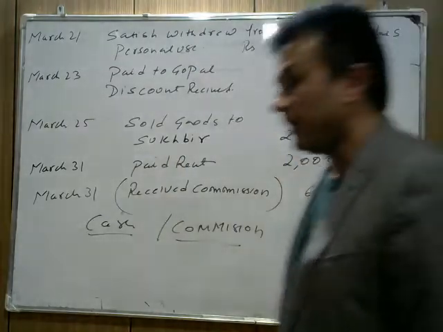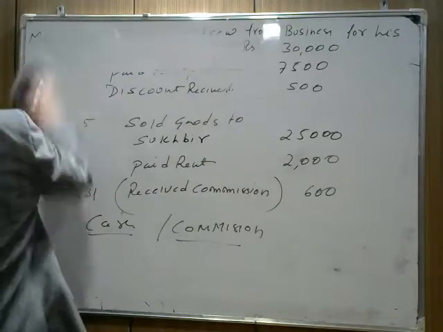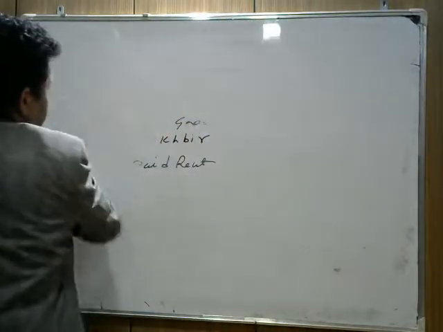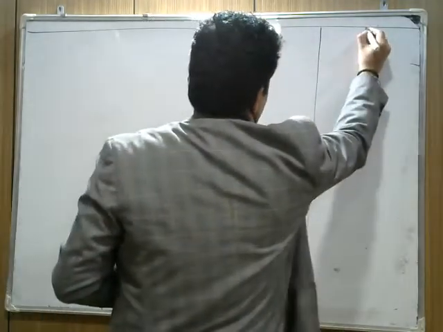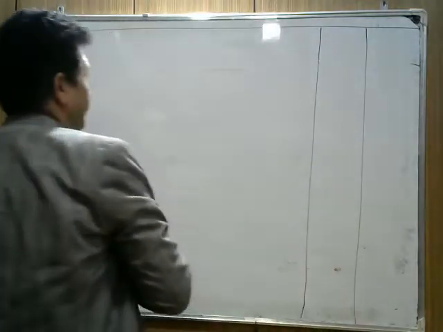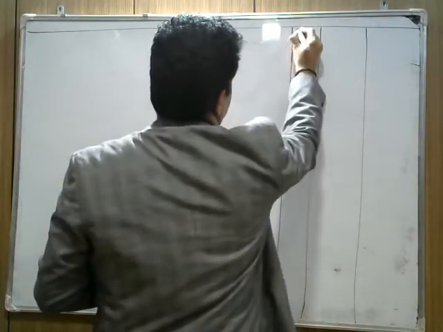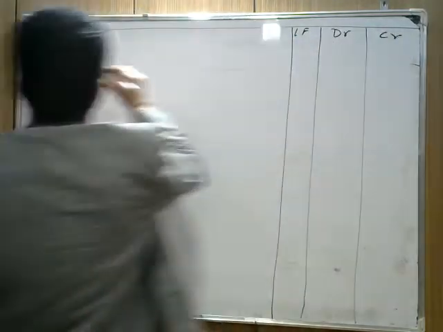First we do the journal entry. Now make the format of the journal entry quickly. As per the question, in the books of Satish, we write debit and credit, and we make one more column of ledger folio because we are preparing a journal entry. We write LF, that's my debit side, credit side.